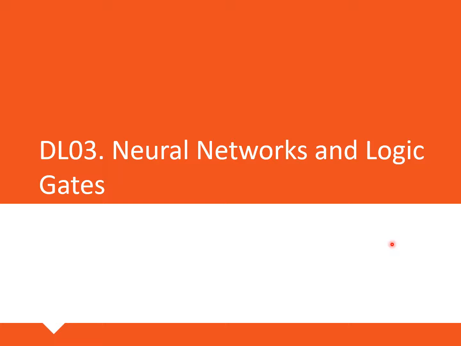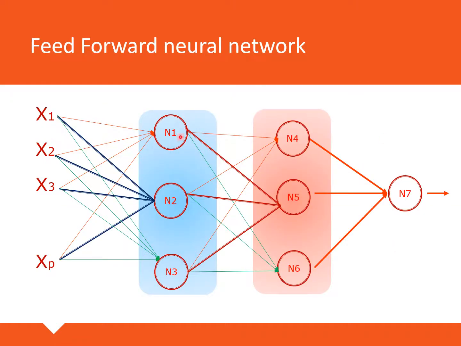So with that as the premise, we will now look at how, and rather why, neural networks can handle almost any decision-making task. This is the structure of the feed-forward neural network that we constructed by combining the individual perceptrons, which we called the fundamental building blocks of neural networks.